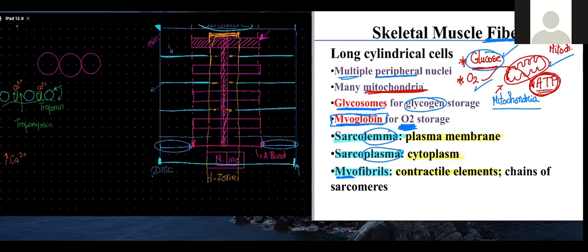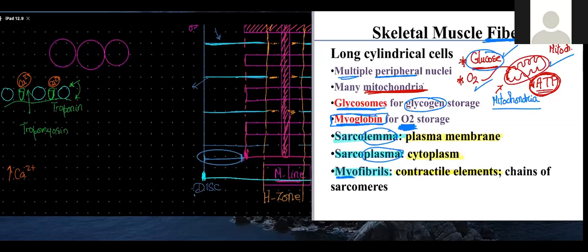What allowed the tropomyosin to move from its place is the attachment between the calcium and the troponin. Once the tropomyosin moves away from its place, this will expose binding sites on the actin subunits, like this. Those binding sites allow the myosin to bind to the actin, forming cross bridges.